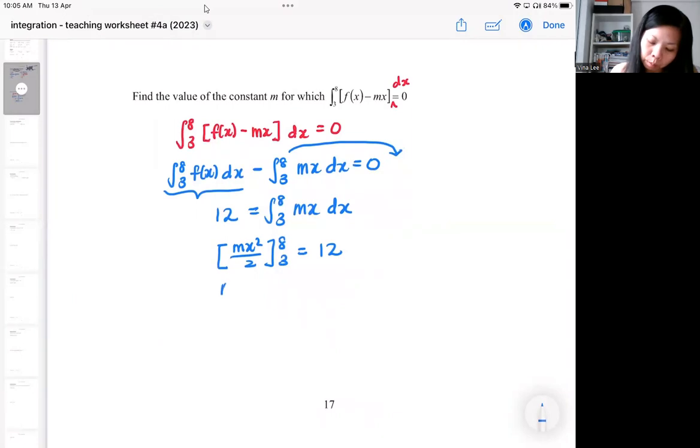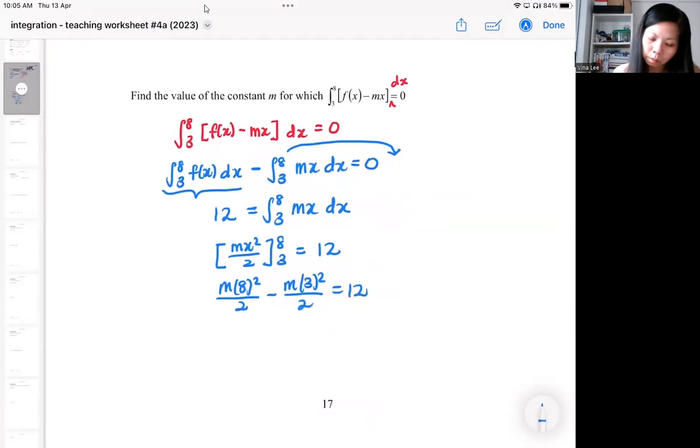When you do the top minus bottom, do it very carefully. It's like algebra now. So when you do top minus bottom, you will get 32m, and this is 9 over 2 m.